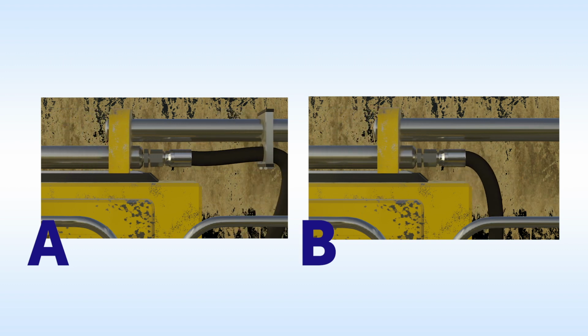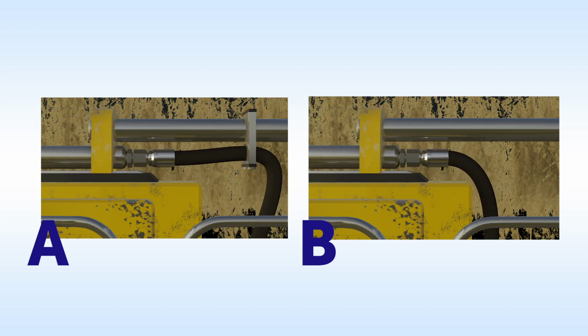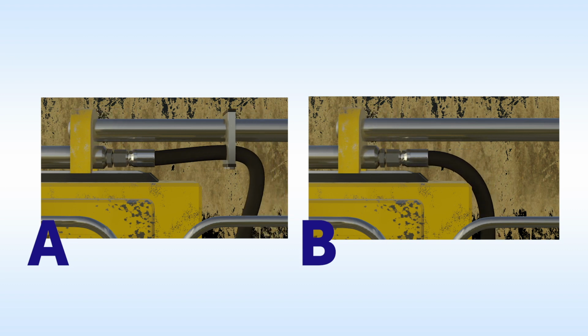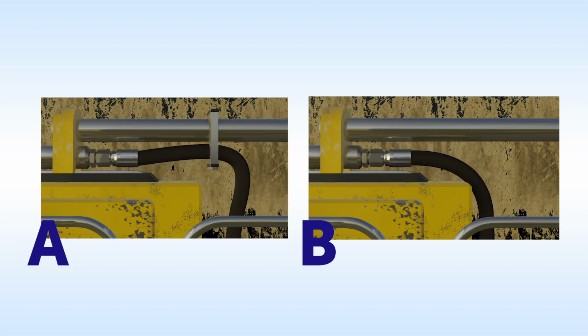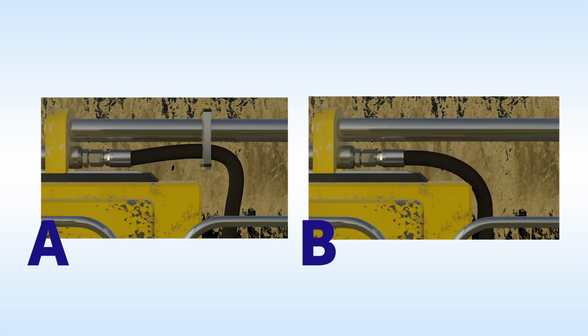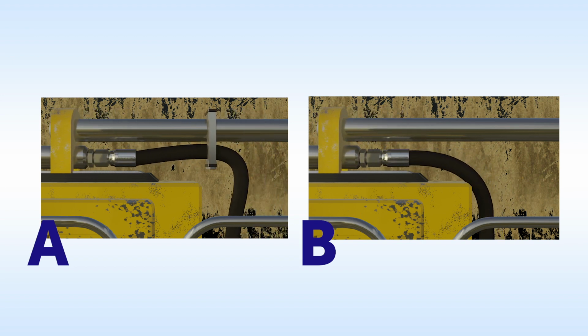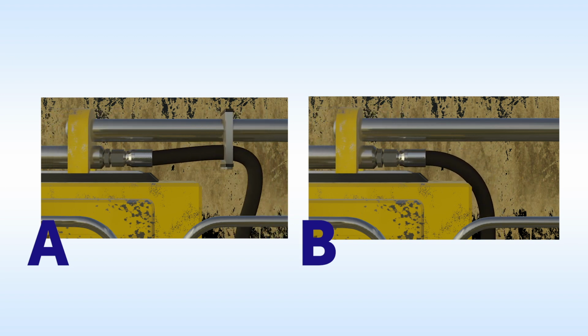The projected service life in Shop A is 14,000 hours with the correct hose routing installation. The hose in Shop B's service life is halved at 7,000 hours due to incorrect installation.